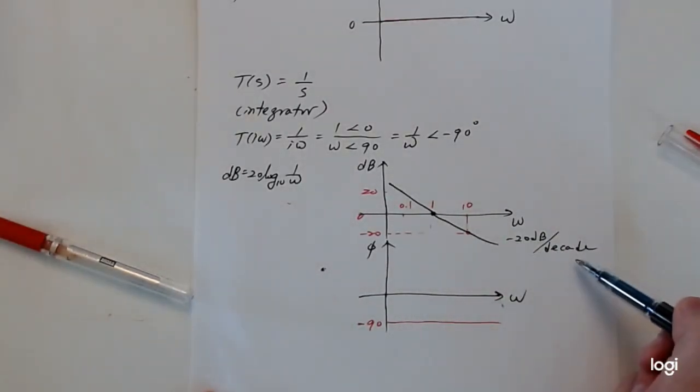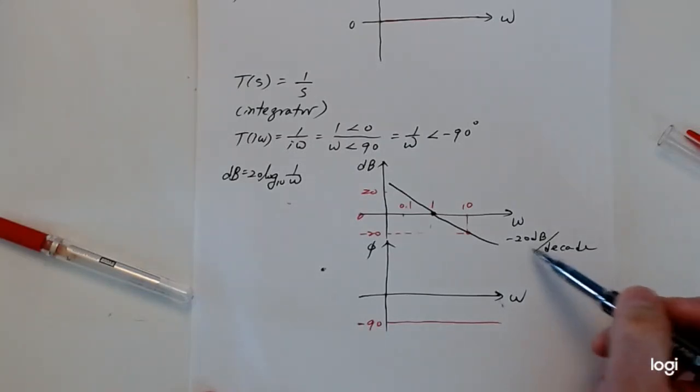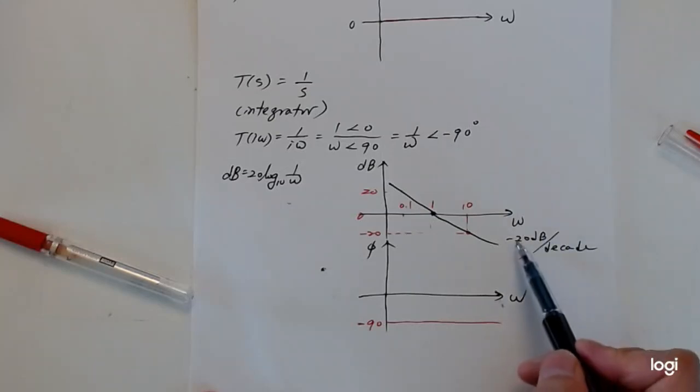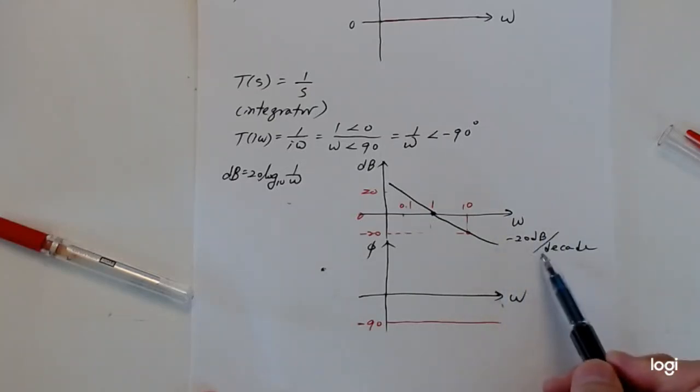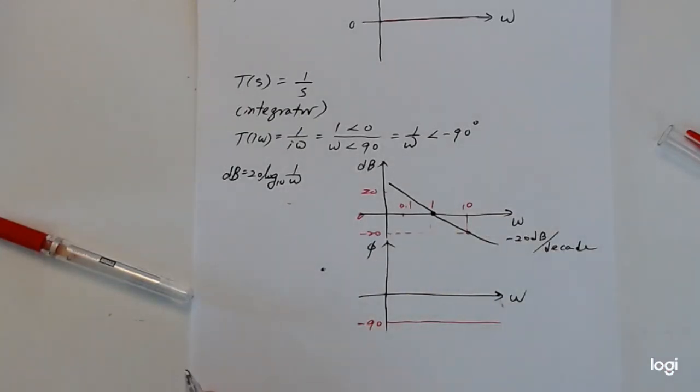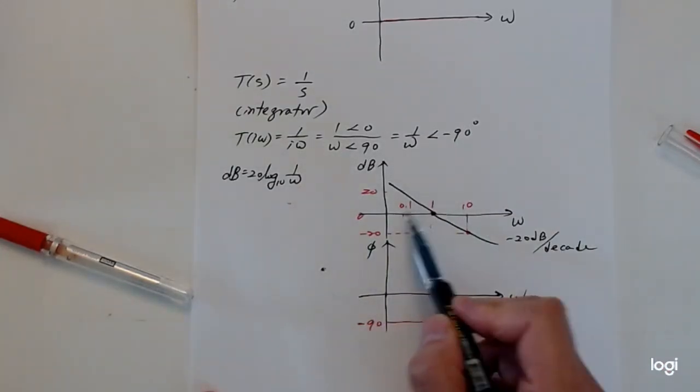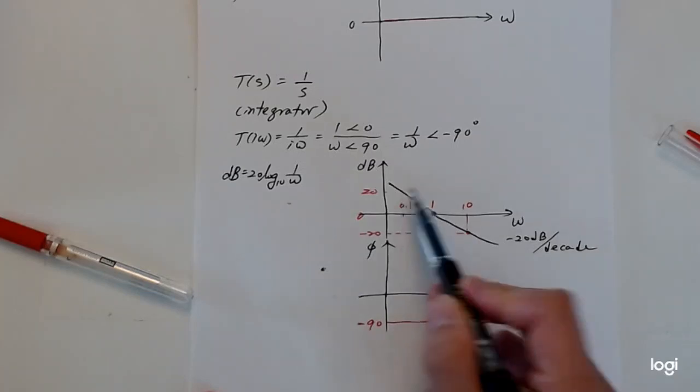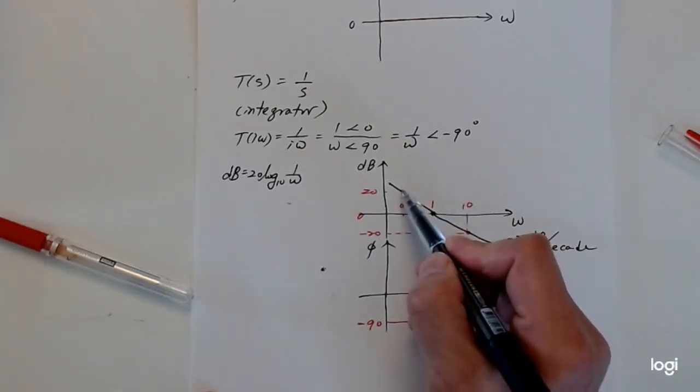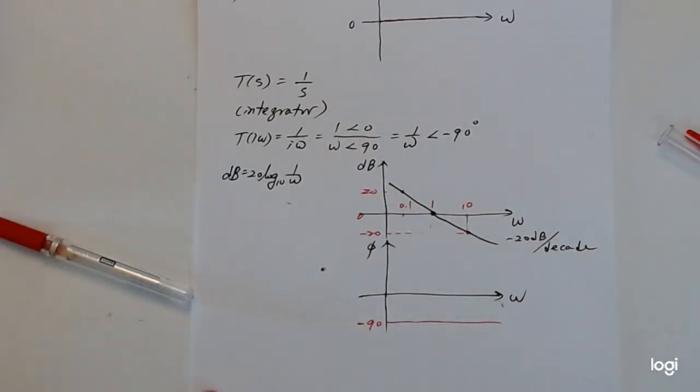Meaning 20 dB drops for every 10 times of frequency. From 0.1 to 1, 10 times, the drop is 20 to 0, right? 20 dB. Okay.